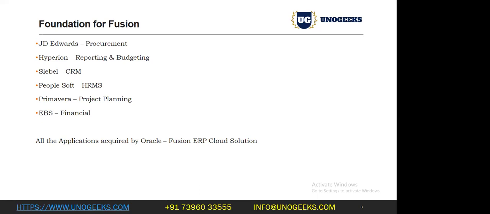If they wanted to maintain an ERP, mid-level companies' first preference is Oracle ERP, based on the latest records. Okay, is it clear, guys? What is the foundation for Fusion? Sir, one of the strongest reasons is security wise, the Oracle database has one of the best securities.